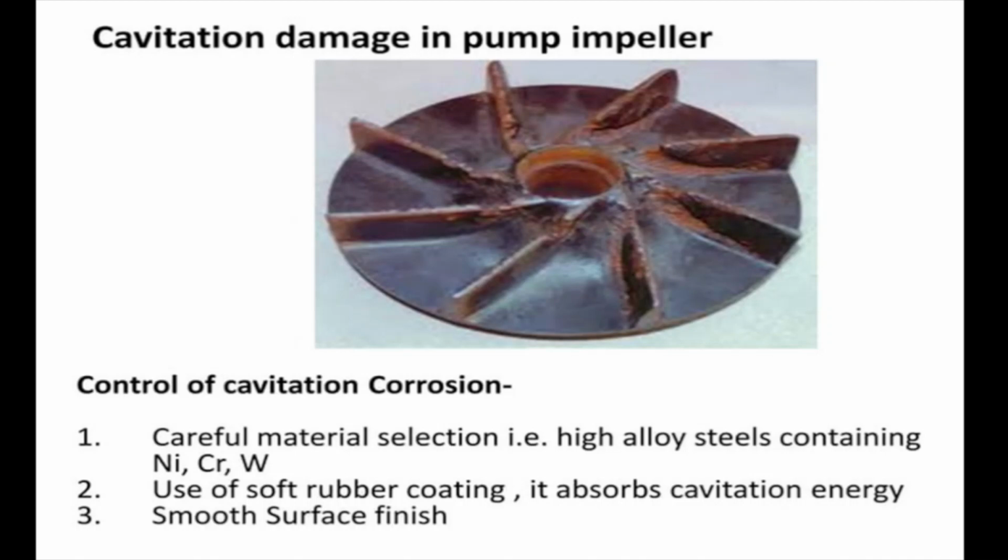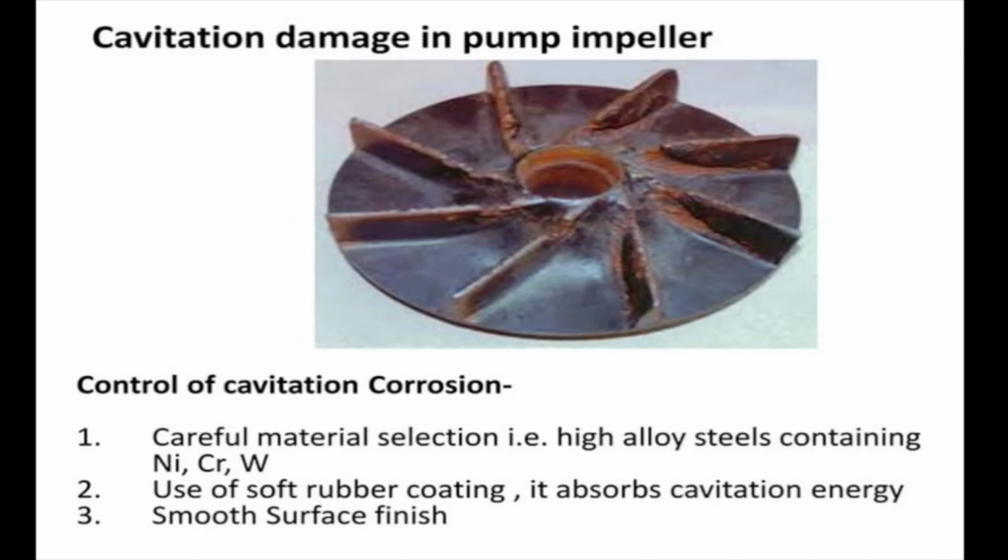And thirdly, a smooth surface finish. If the surface finish is not smooth, then obviously the effect of cavitation will be very high, because when the vapor bubbles burst, they remove a tiny top layer of the alloy surface, which propagates further cavitation corrosion.